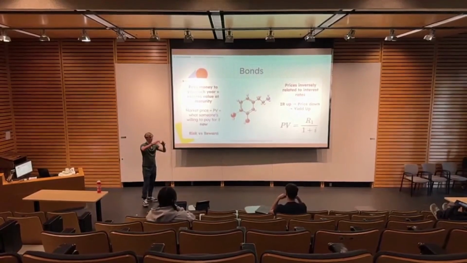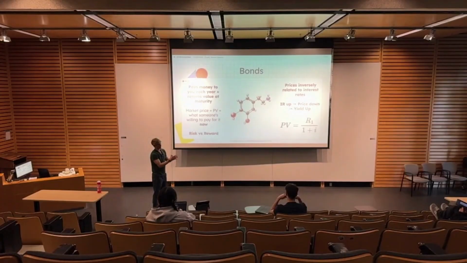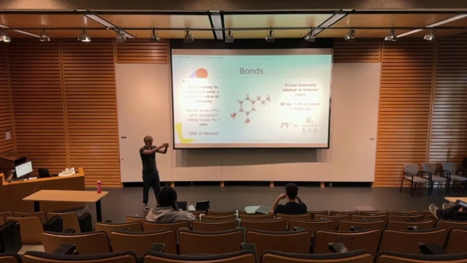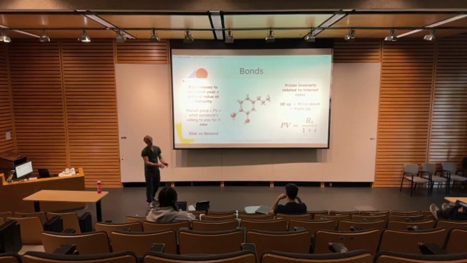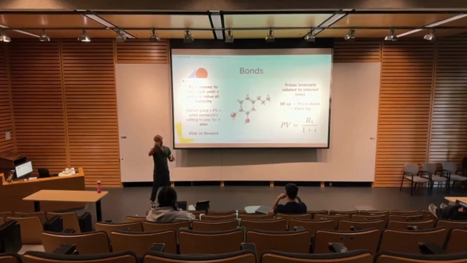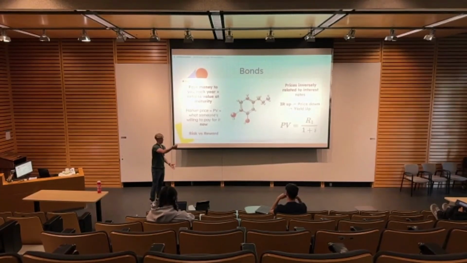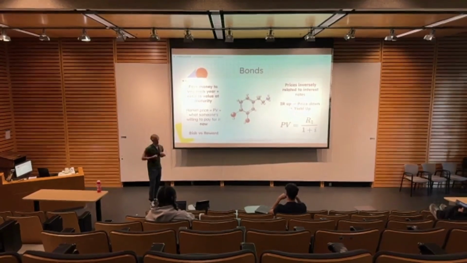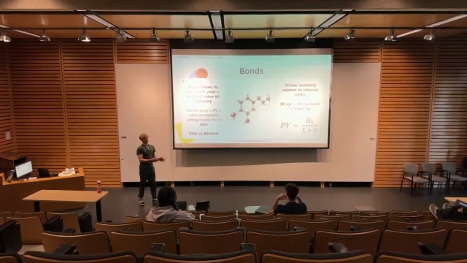So interest rates go up, bonds look less attractive because they're paying less money than the new ones, so the prices go down, and because their prices go down, the bond yields will go up because now they're cheaper, but they're paying you the same coupon rate. So they're cheaper, but they're paying you the same coupon rate, so their total yield, your bang for your buck once the bond completes, will go up.